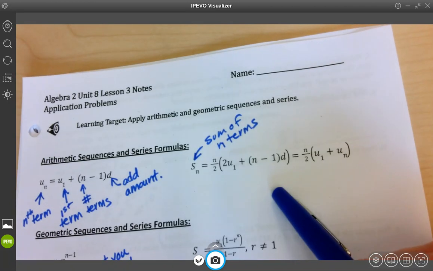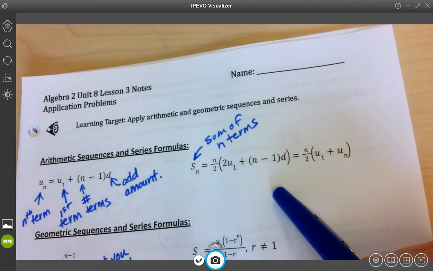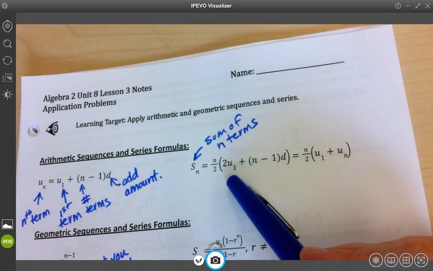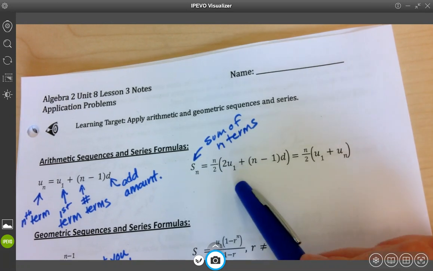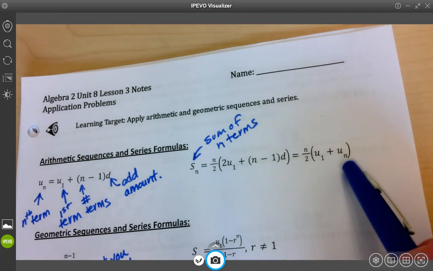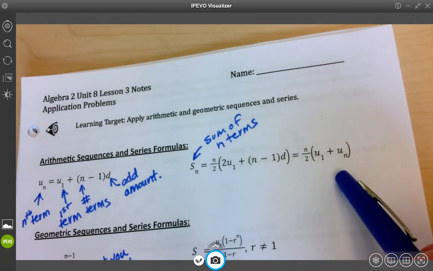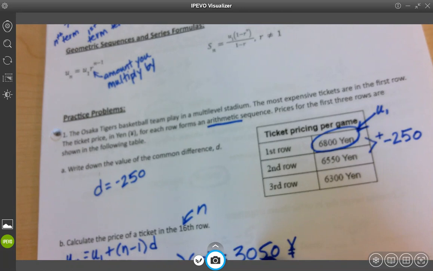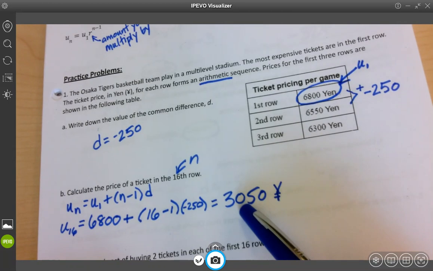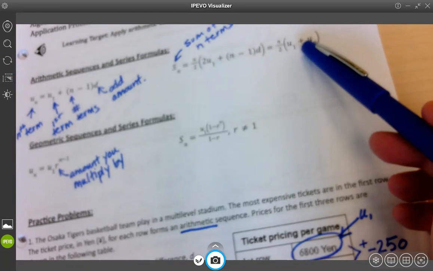Why is that one helpful? So they both have the u sub 1, right? But this one doesn't need what? It doesn't need that u sub n. It doesn't need the last term. So that's the question we have to ask ourselves. Do we know the last term? Oh, we do, right? Because we just figured it out. You guys see that we found the 16th term? So if you want to, you can use the easier formula, but that's up to you.